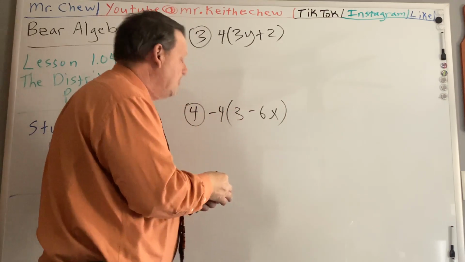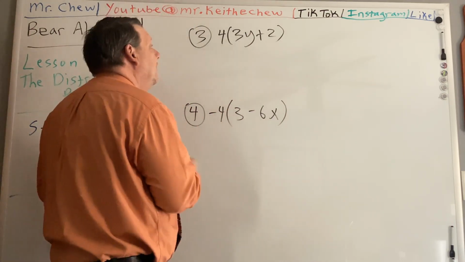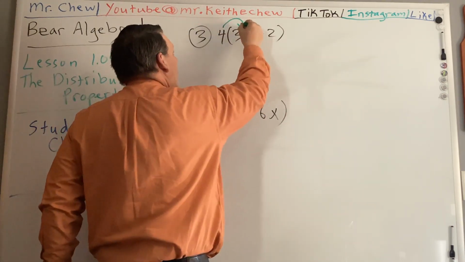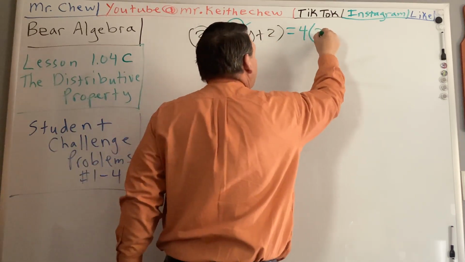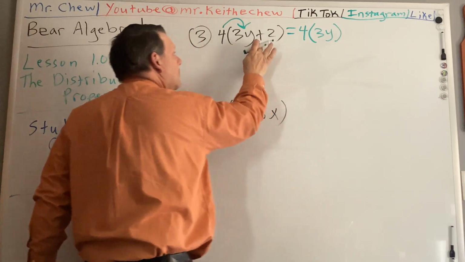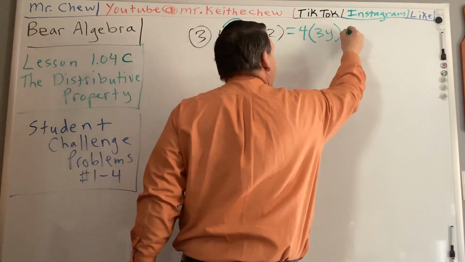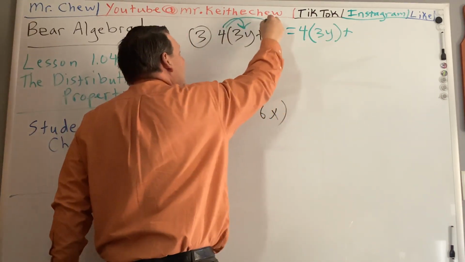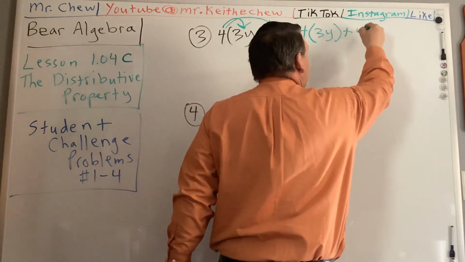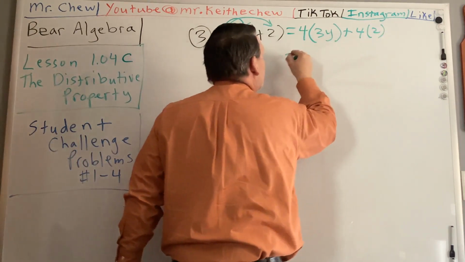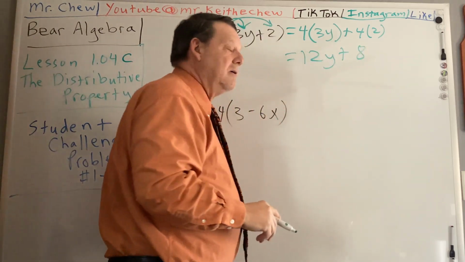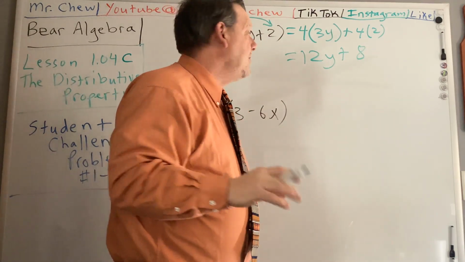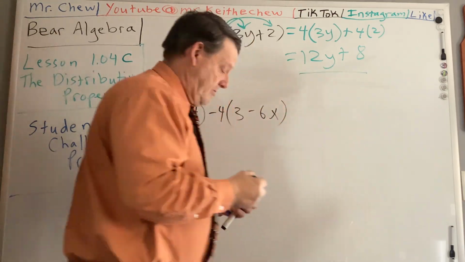All right, we use the distributive property, and we take the 4 times the first term, which is 3y. We add, because there's addition in the parentheses, the 4 times the second term, which is 2. And now we simplify these, 12y plus 8. These are not like terms. I cannot do any more. That is my final answer.